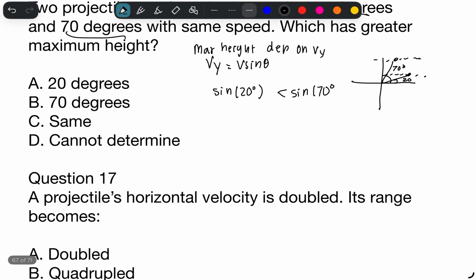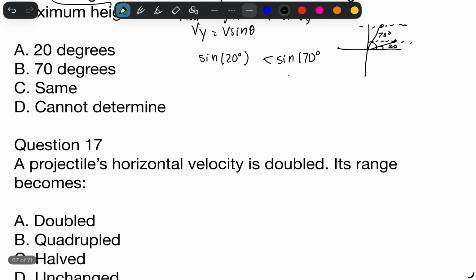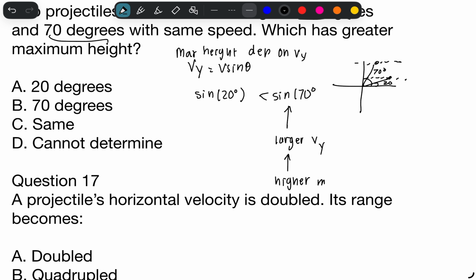Now, that means that if you're at 70 degrees, you're going to have a larger Vy. And that's going to mean that you are going to have a higher max height, because when you multiply by a consistent V, like for example 1, what's going to be the differentiating factor is the sine of the angle.